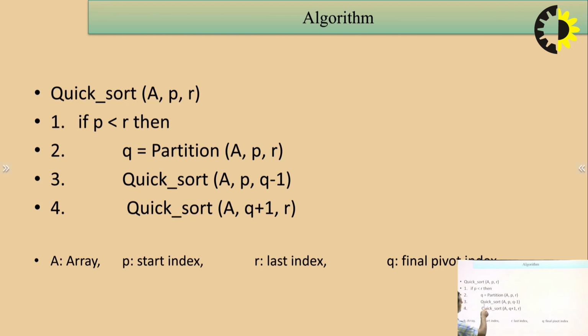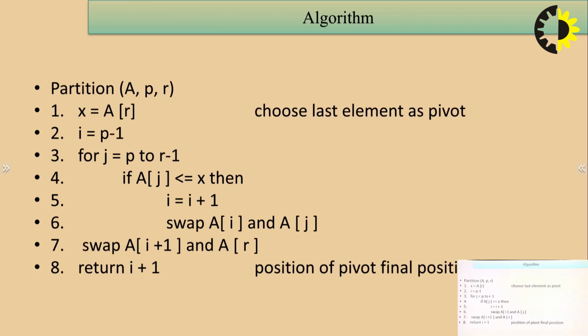This partition is recursively called, no problem, and this is the partition algorithm. First understand the partition, this is the fundamental of quick sort. Now partition A, P, R, where A is the array, P is the starting index, R is the last index. Now put the pivot element, the last element, in the variable x.